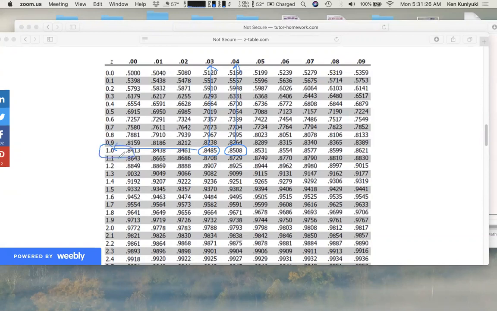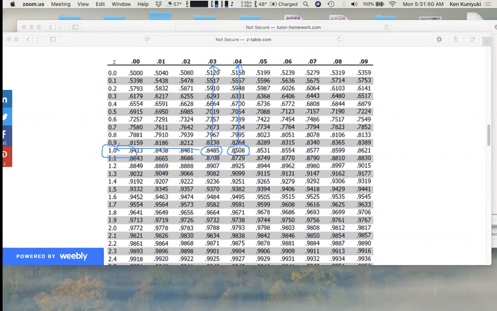So the z-score I'm looking for is between 1.03 and 1.04. It looks like 1.04 is going to do a better job. 0.8508 is much closer to 0.85 than this is. Although the interpolation is not purely linear, meaning you can't just go by who's closer all the time. Okay, but about 1.04.